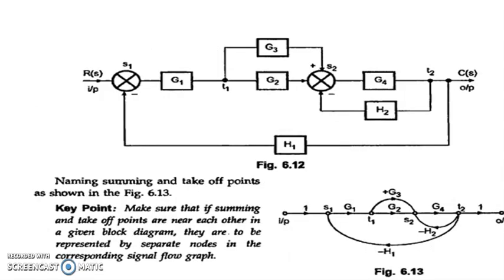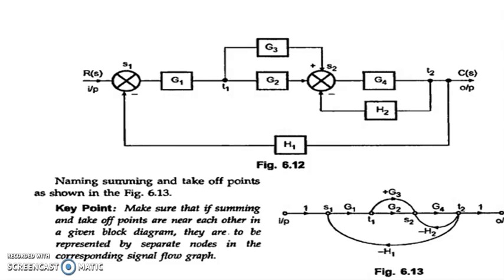So given a signal flow graph as shown in figure 6.12, what we have to do is represent S1, T1, S2, T2 as nodes, and we have one branch for the input with a gain of 1, and one branch for the output with a gain of 1.